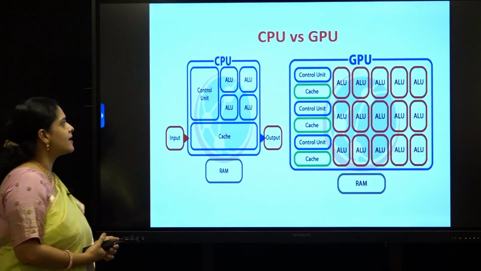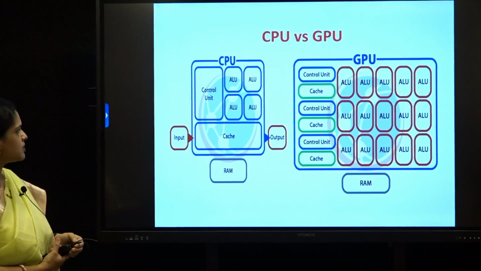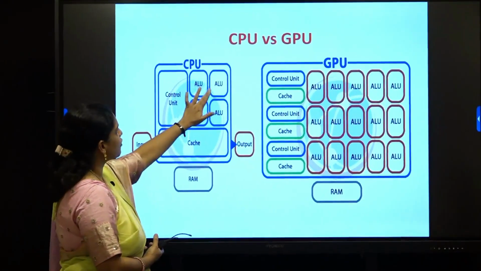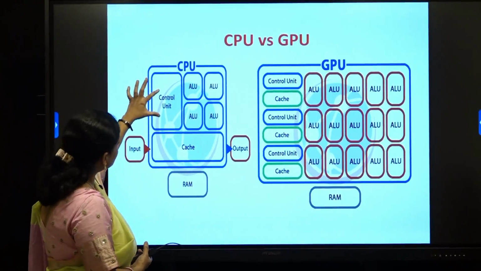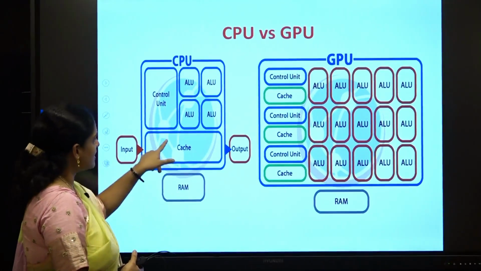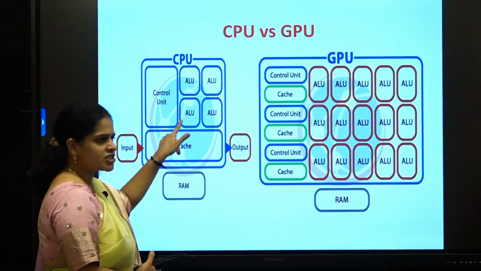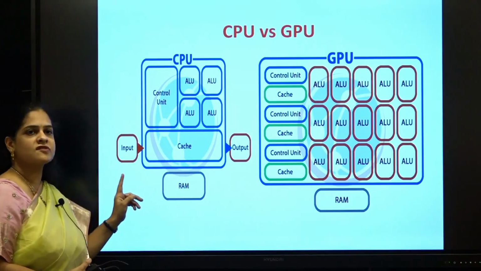So, this is a diagram which will clearly explain the difference between a CPU and a GPU. This is your normal CPU. Here we have 4 ALUs, so 4 functional units available, and you have one control unit, one RAM and one cache memory. Even though you have multiple functional units available in your CPU, there is only one control unit which is responsible.